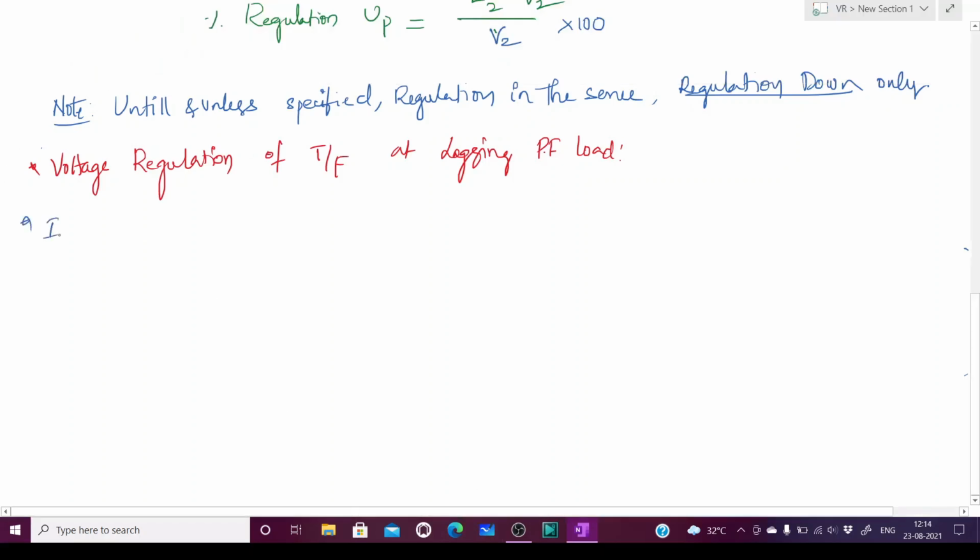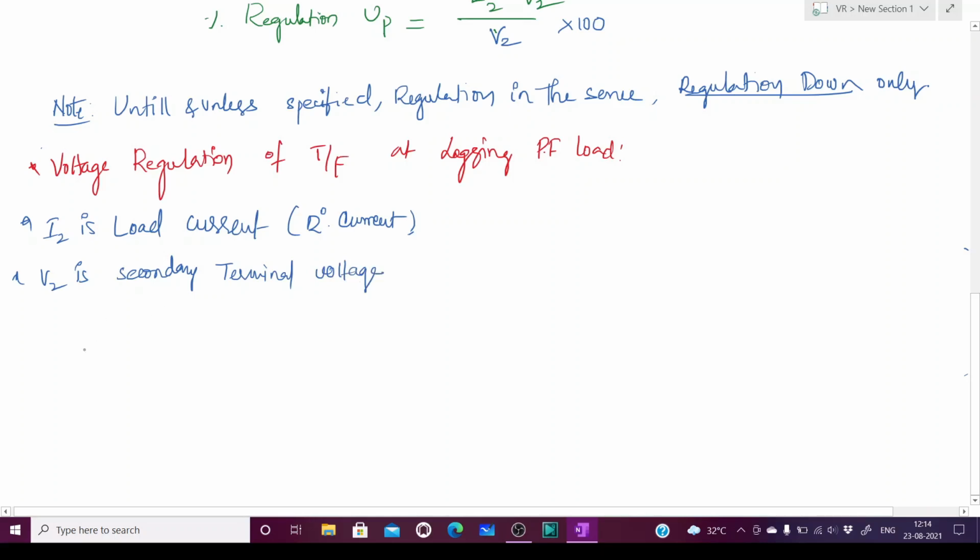Here I2 is load current, which is also secondary current. V2 is secondary terminal voltage. Let us say phi 2 is the angle between them.